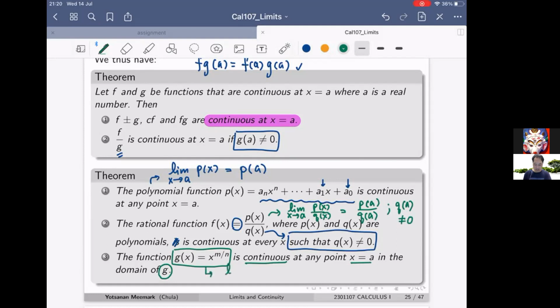And if you want to find the limit as x goes to a of x raised to the power m over n, actually this one is one of the limit laws, right? It will be a raised to the power m over n, just like plugging in, whenever this is a real number. If it is not, then this equation is not valid.